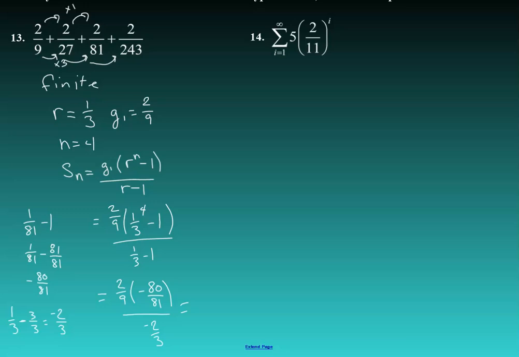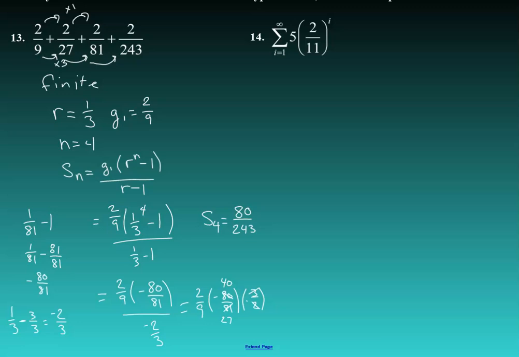So then if I multiply by the reciprocal of the denominator, we get 2/9 times negative 80 over 81 times negative 3/2. The 3 reduces, this is 27, the 2's reduce, this is 40, and now I can just multiply what's left, and we get s sub 4 is equal to 80 over 9 times 27, which is 243.